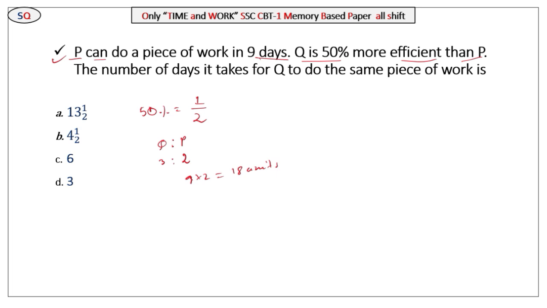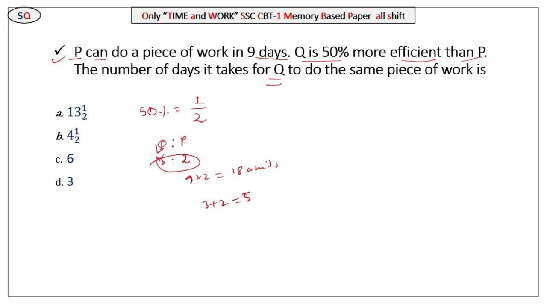Now we have to add 3 plus 2, which equals 5.